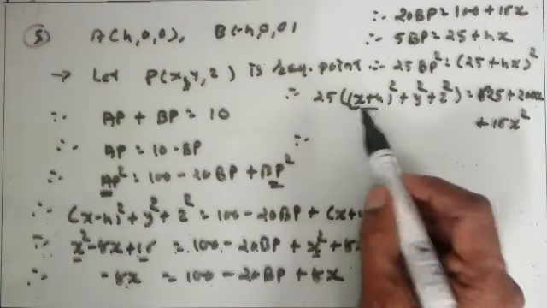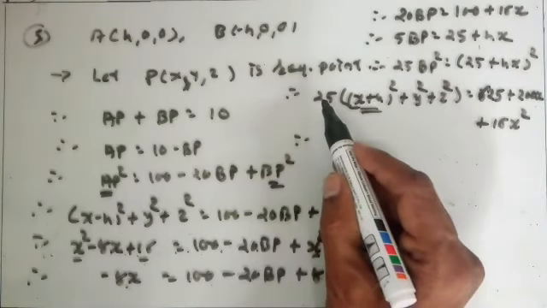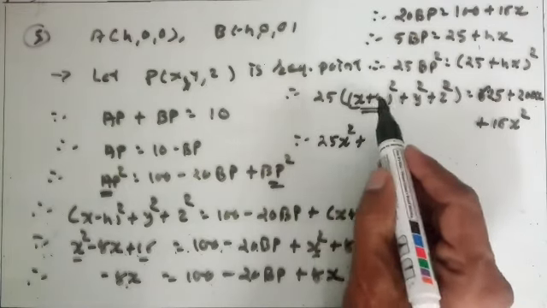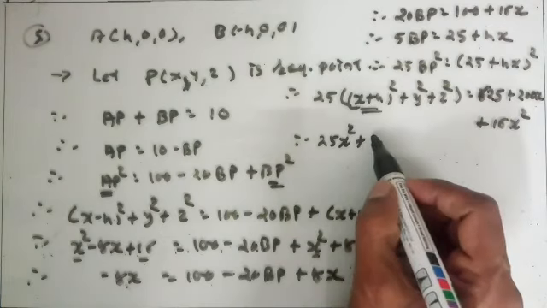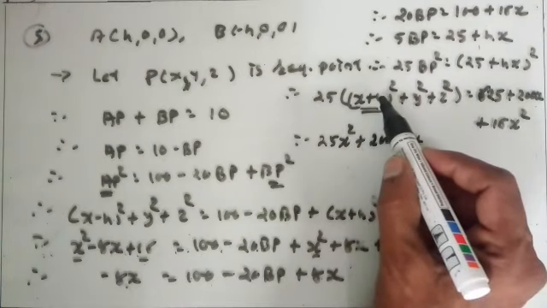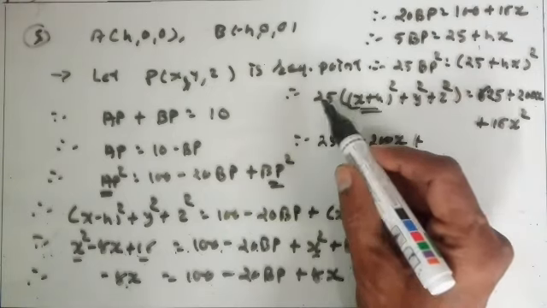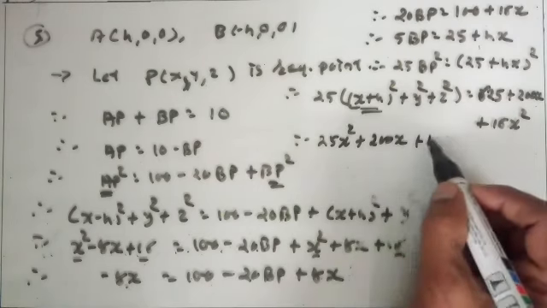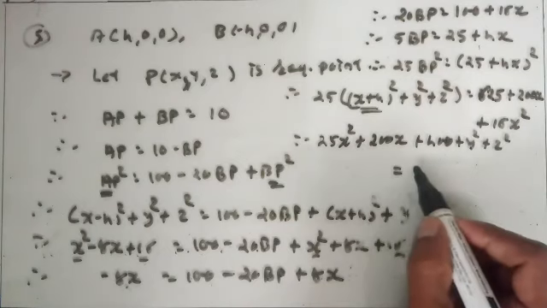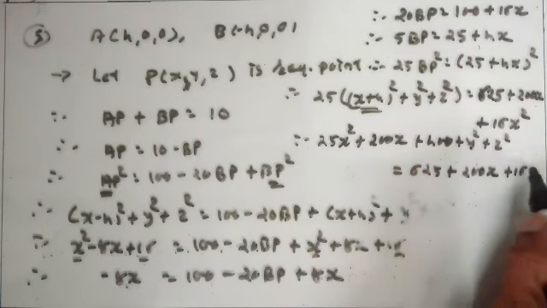Expanding x plus 4 raised to 2, 25 goes inside, so we get 25x square plus 8x into 25, which becomes 200x, plus 4 square, that is 16, into 25, that is 400, plus 25y square plus 25z square is equal to 625 plus 200x plus 16x square.